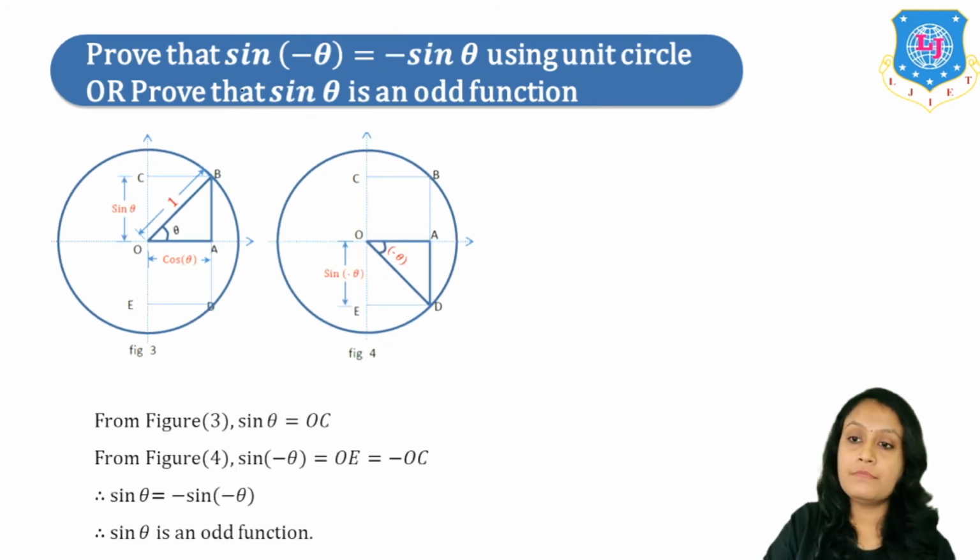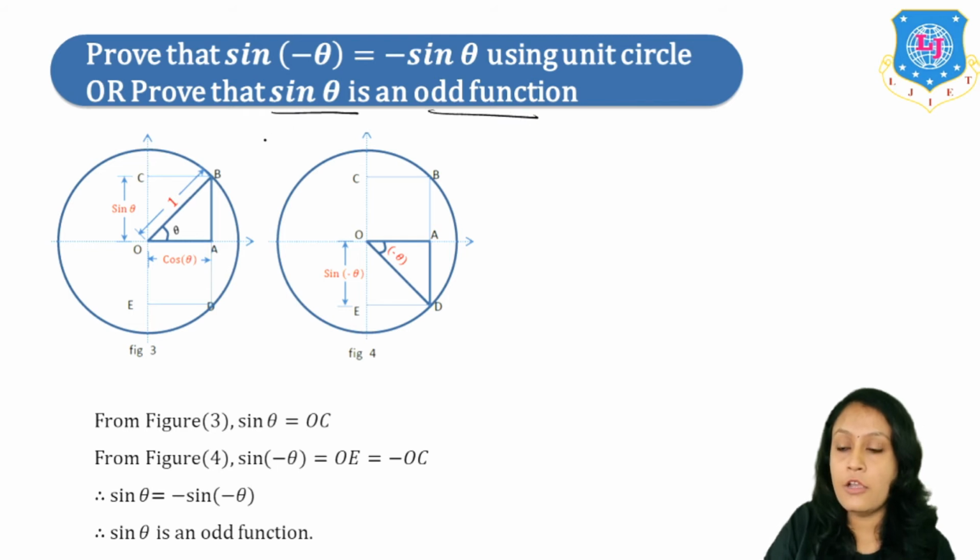Now let's prove that sin(-theta) is equal to -sin theta using the unit circle, or we have to prove that sin theta is an odd function. Similarly, we'll draw two unit circles. This is a triangle with angle theta. We know that this y coordinate will be sin theta. So sin theta is OC.